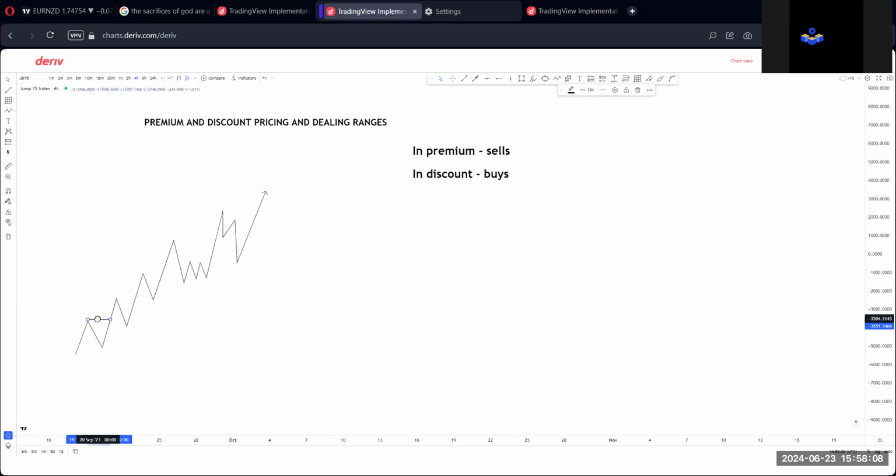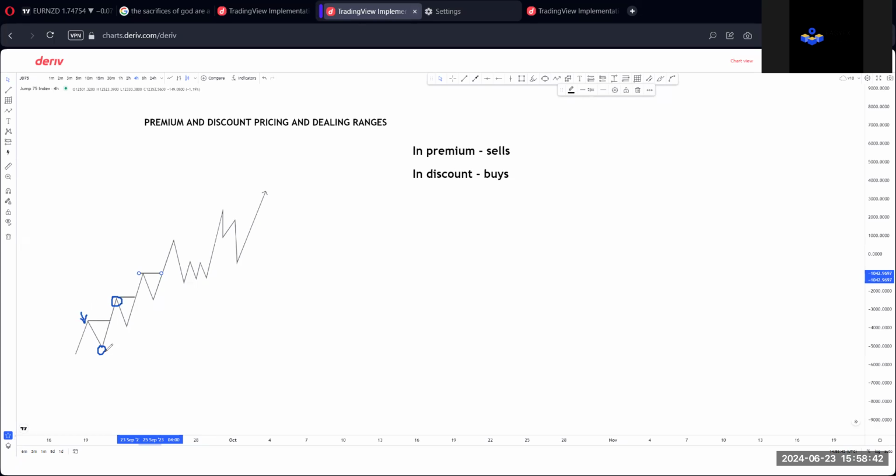So we have price breaking this high here and then establishing a new high here. And then we went ahead, broke that high, established a new high. We went ahead and broke that high, established a new high. So between this low and this new high that has been created by breaking the previous high, we call that a dealing range.